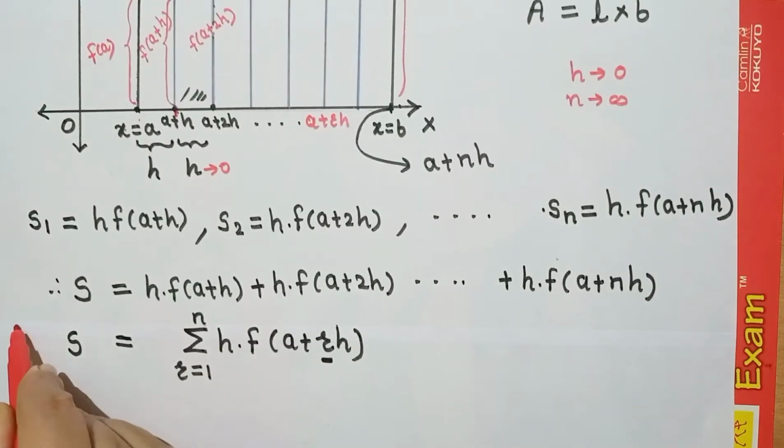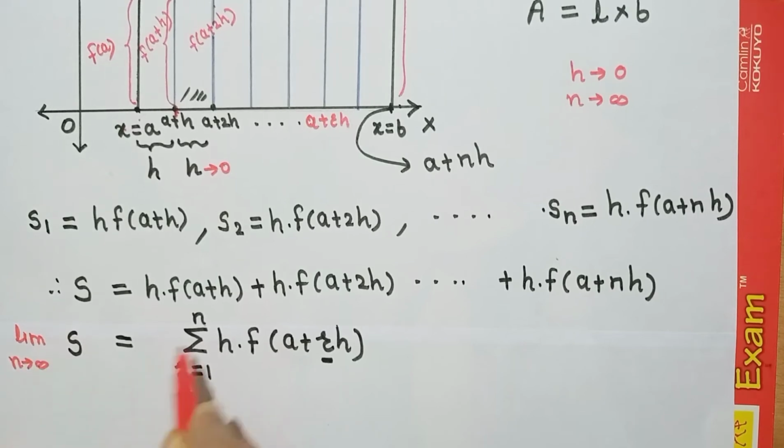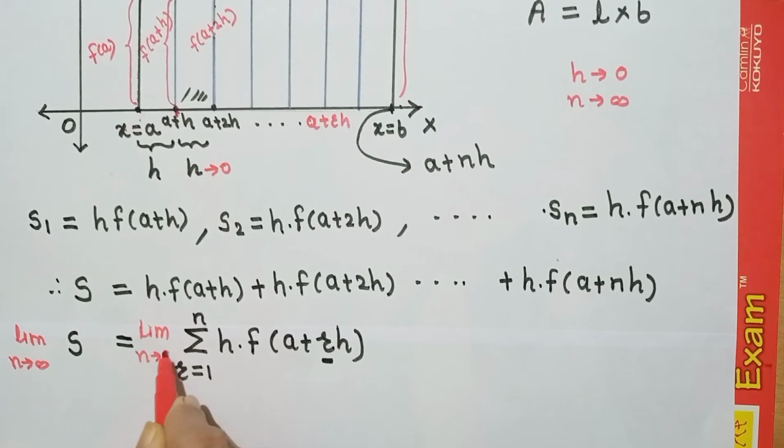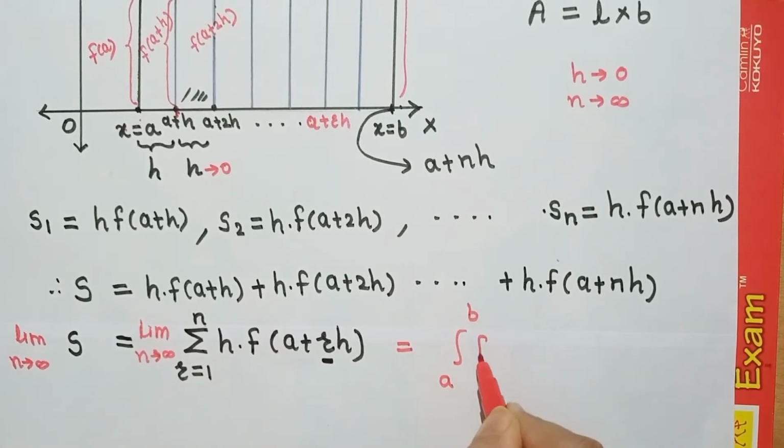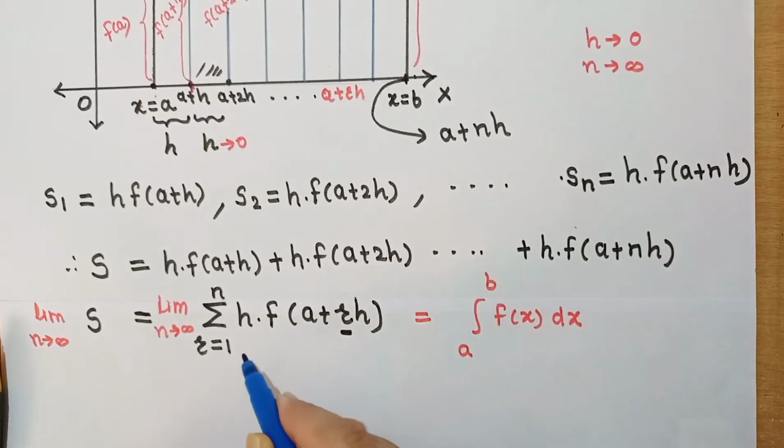That's why here we will take the limit n tends to infinity, and here also we have to take the limit n tends to infinity to get a more correct value, and this is nothing but the definite integration a to b of f(x) dx.